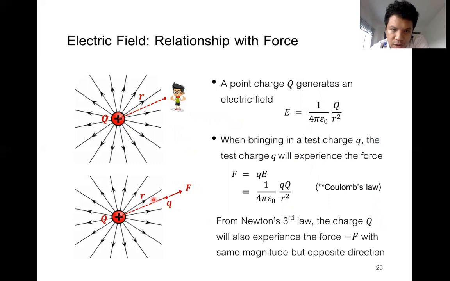We can calculate the magnitude, F equals qE, and this equation is the same as Coulomb's law. So this confirms that it is right to talk about the electric field in this way. If F equals qE, and you look at the direction of the force acting on q, we can say that q is being repulsed from big Q.